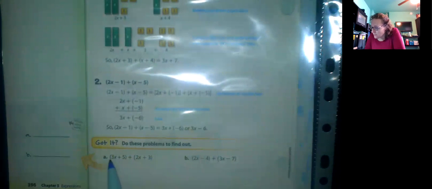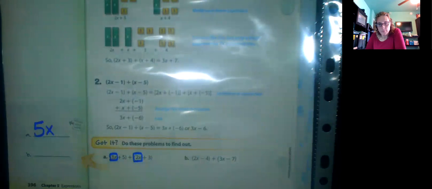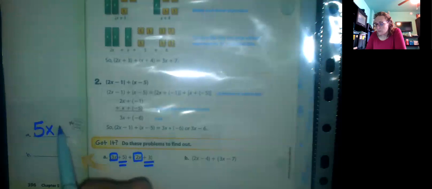All right, let's do a couple together. If you look, we have 3 x's here and 2 x's here for a total of 5 x's. And we have a positive 5 constant and a positive 3 constant, which means we have a total of 8 constants.